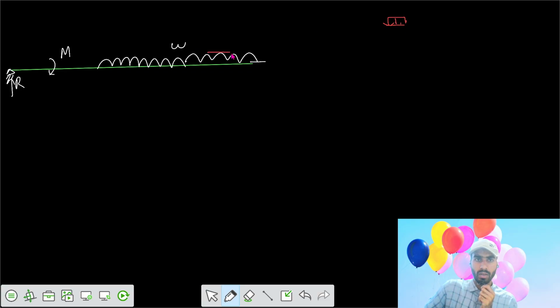Then after that you got a uniformly varying load of W here, W2.